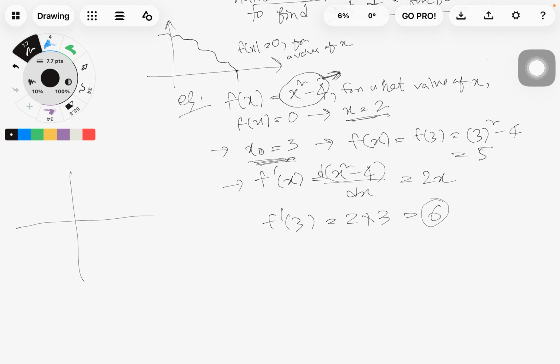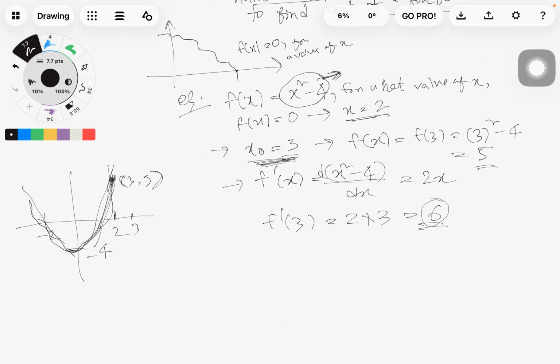Let's plot the graph. That's minus 4, minus 2, that's 2. So the graph would look like a parabola, right? Now this 6 means if we're standing at x equal to 3, we get a value of 5. As we can see, 3 and 5. So we know our coordinate points.